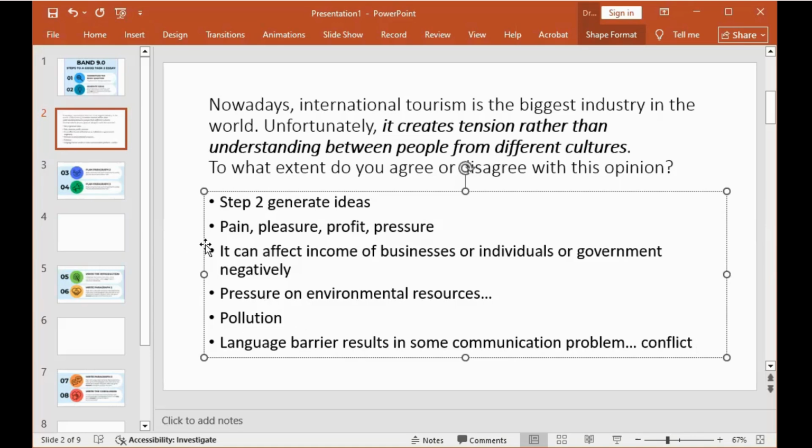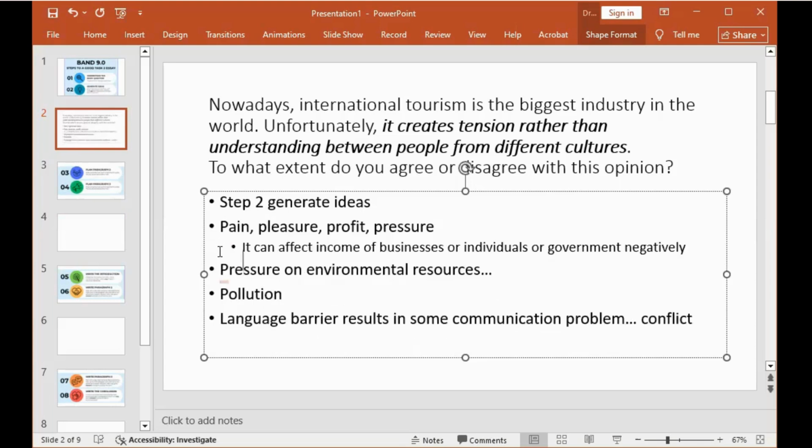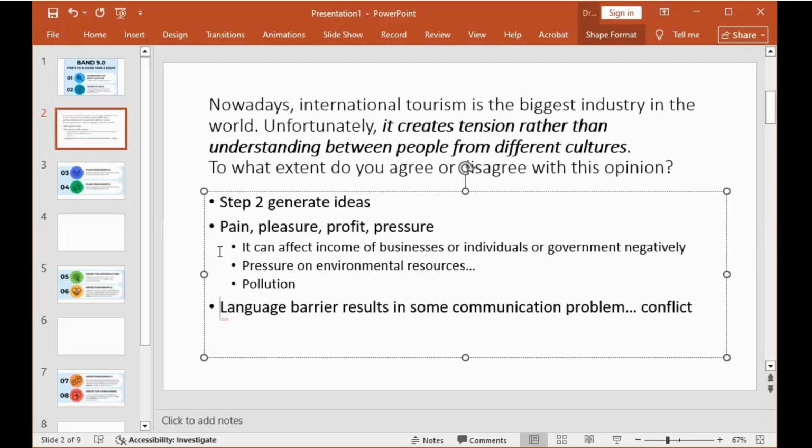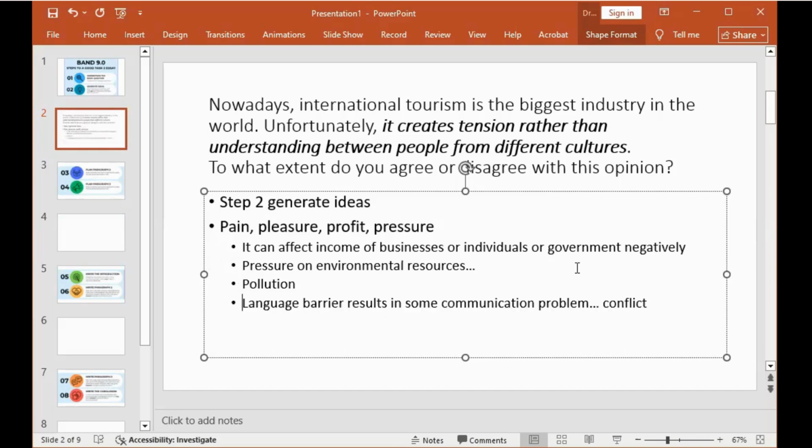Yes, sir. So we have four points written here already, and we can still come up with maybe one more. It's not like our essay will address all these things. But this process of generating ideas helps you to write a quality essay. These are things that you practice doing.